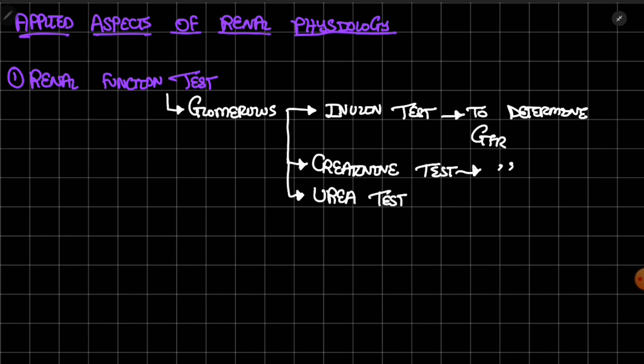Inulin is the best option because it is neither secreted nor reabsorbed. Also it is not affected by diet, while creatinine is secreted by the body a bit, and urea is affected by diet. So inulin is the best option for GFR function.